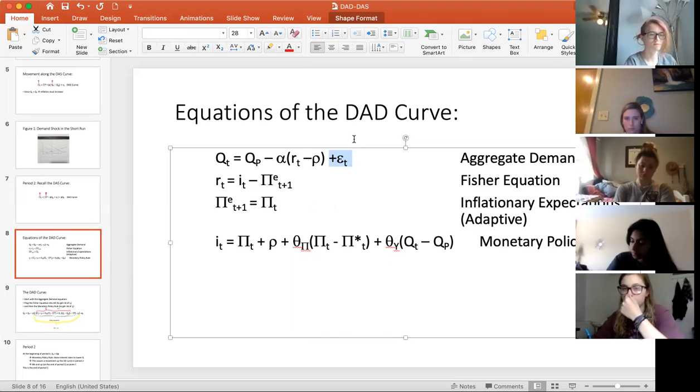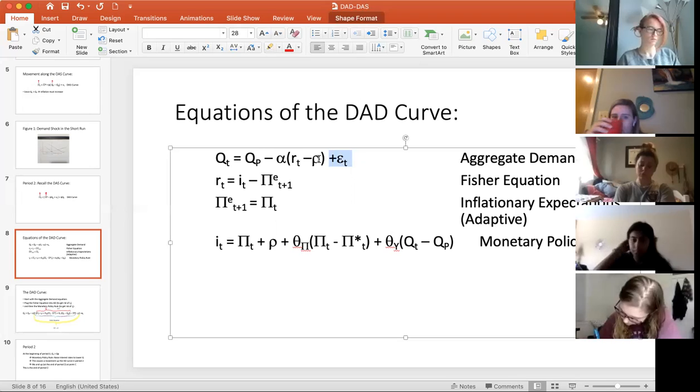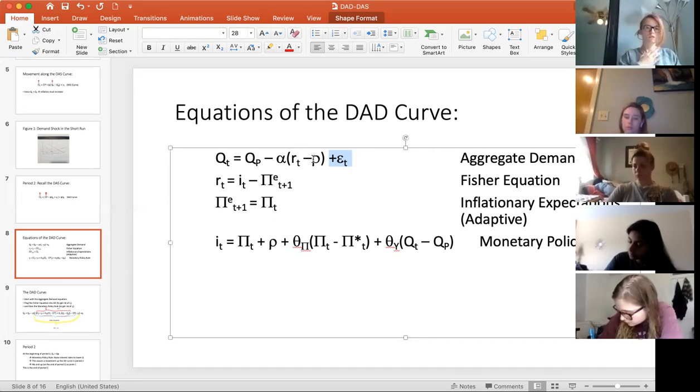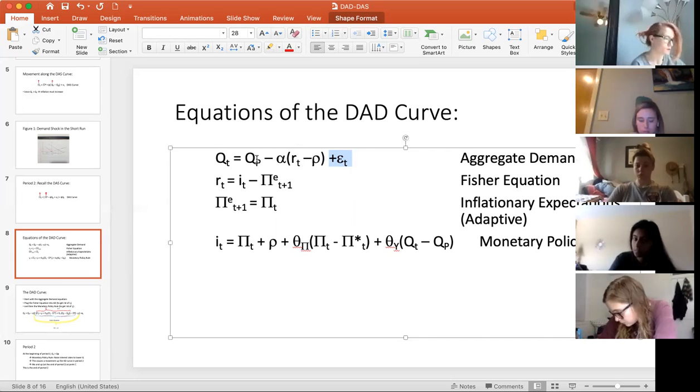What rate? The RT. If the real interest rate moved away from the natural interest rate, right? So if RT rises, it's going to be greater than rho, and that's going to cause GDP to fall below potential, right? An increase in interest rates is going to lower GDP below potential, right?